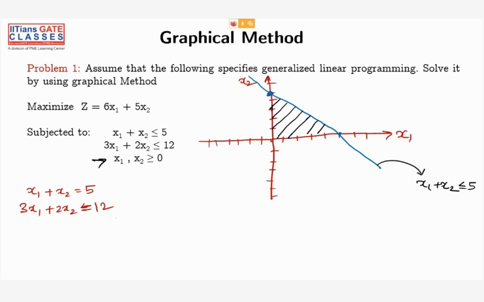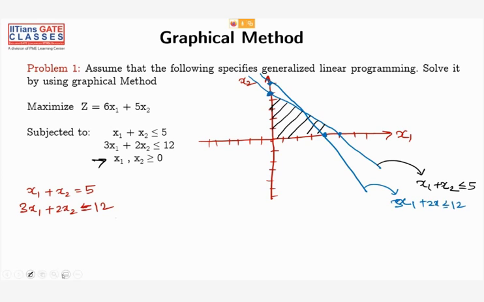If x1 is 0, x2 is 6. Joining these two, the straight line will give you 3x1 plus 2x2 less than or equal to 12.